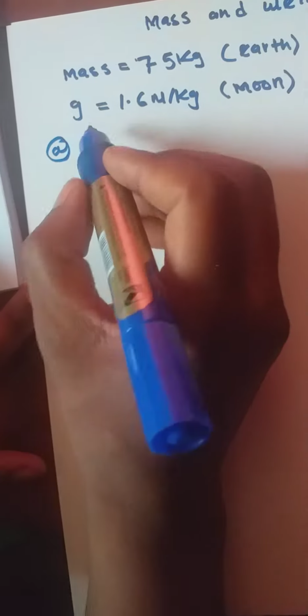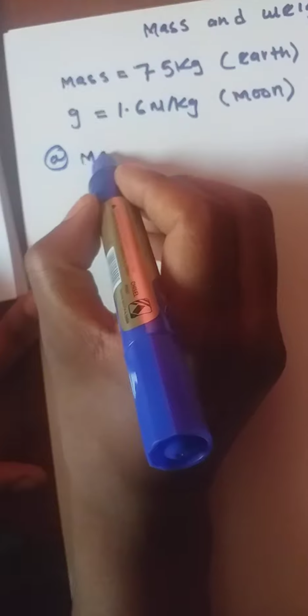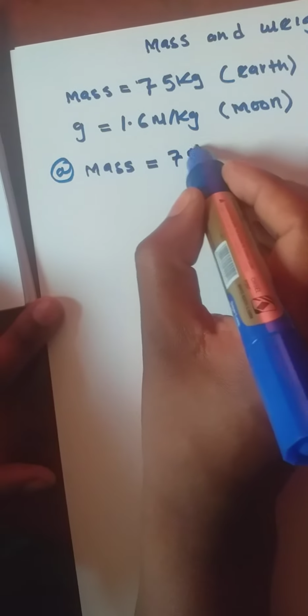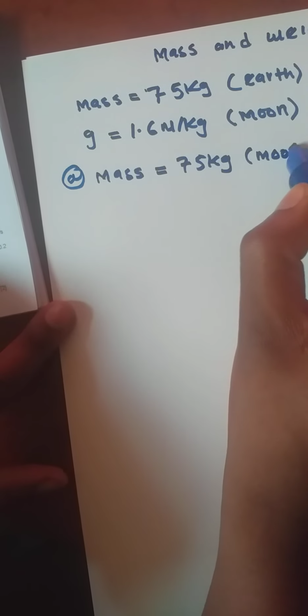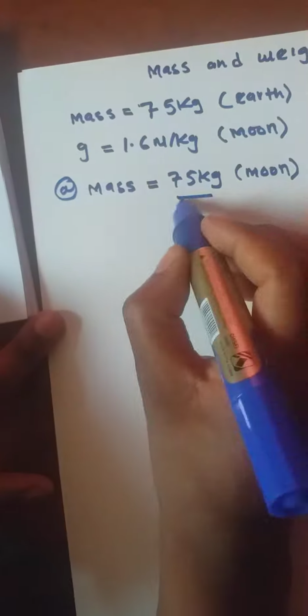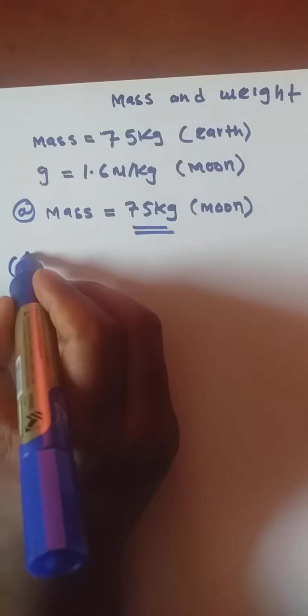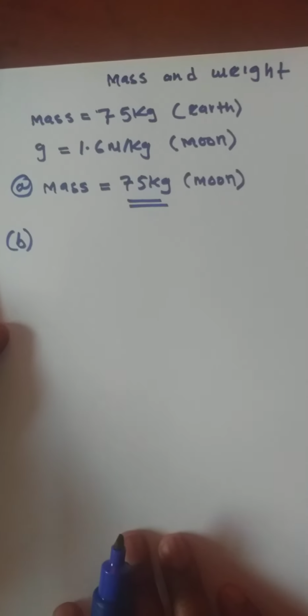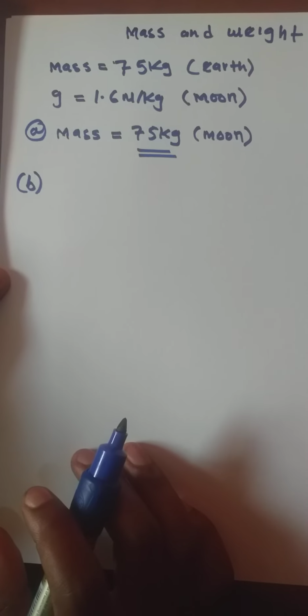So here the solution is simple. The mass of this object on the moon will still be 75 kg. Even on the moon, the mass of the object will remain 75 kg. The reason is the mass of an object does not change. If you remember, mass is defined as the amount of particles that are in a substance.